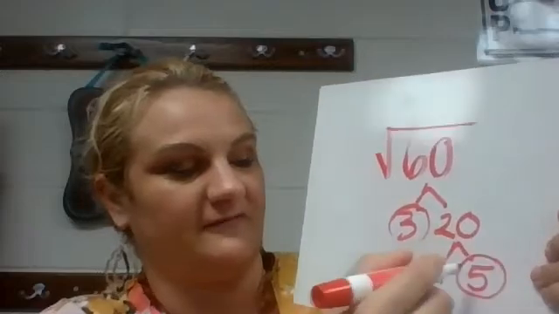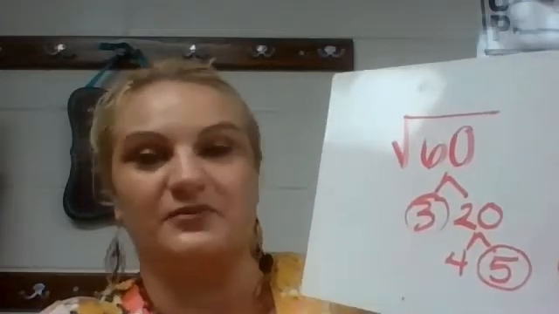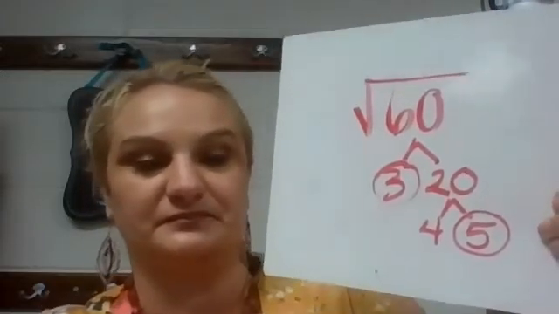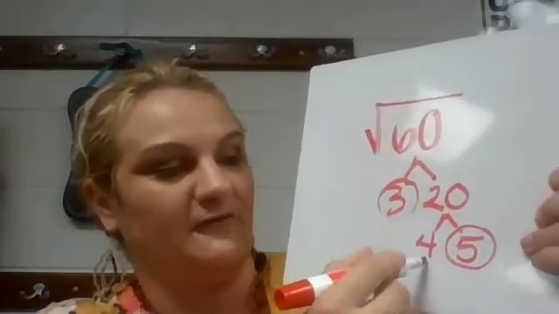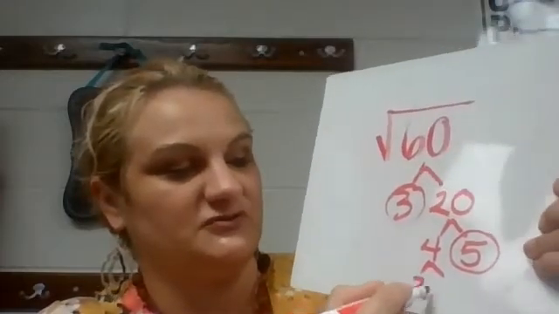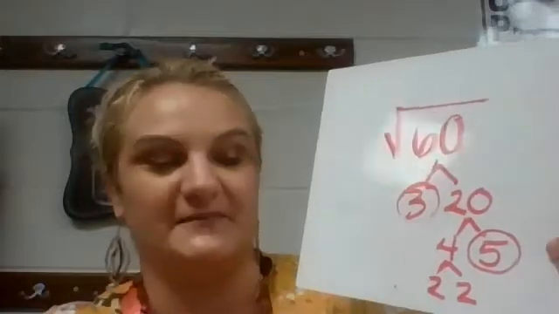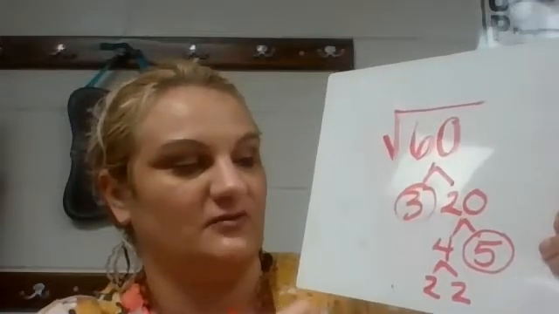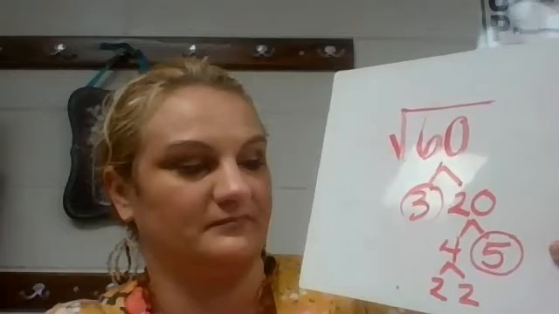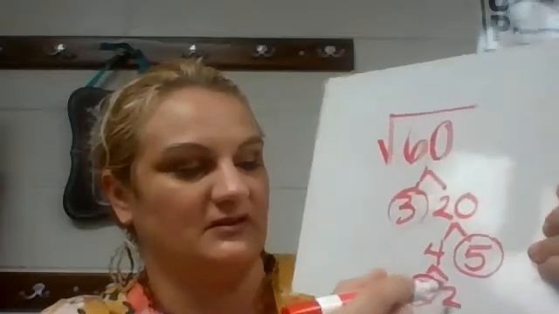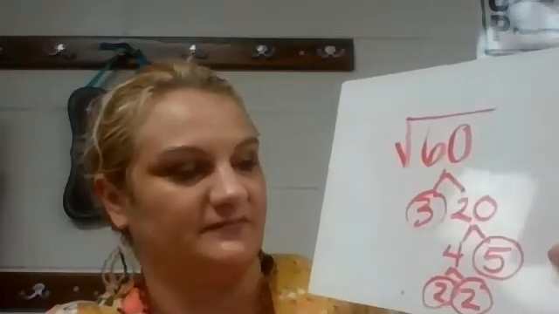Is 4 prime? No, right? 4 can be broken down because 2 times 2 equals 4, right? So can I circle my 2's now? Yes, good. So I'm gonna circle these.